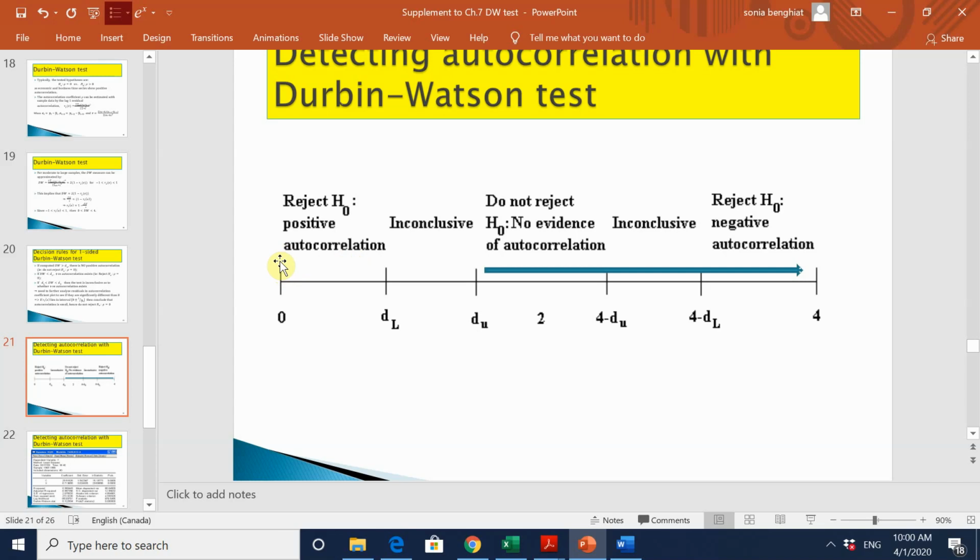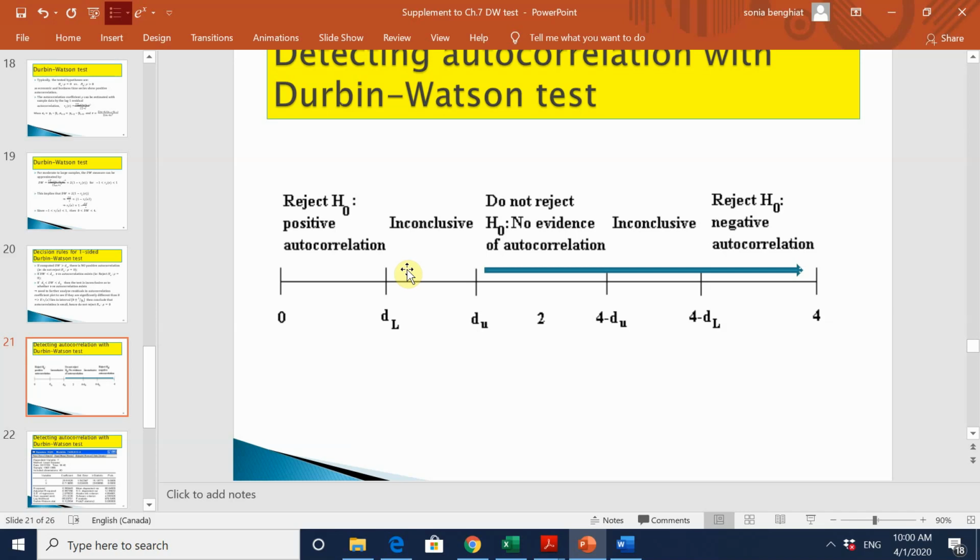Now, what happens when my Durbin-Watson statistic lies between the lower and upper limit of the critical Durbin-Watson values? In this case, we say that the test is inconclusive, and we need to further analyze the residuals in order to come up with a better solution.